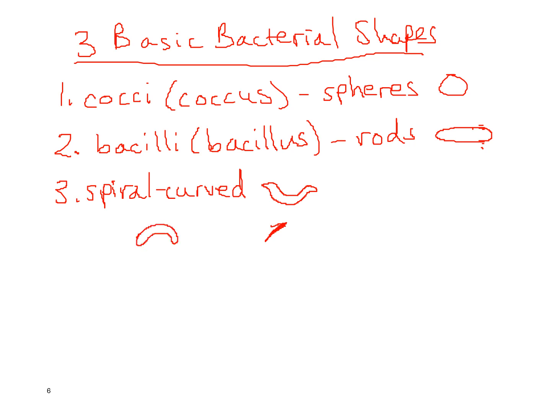Okay, so they're curved in some way. Okay, and so these are the three basic shapes. So when you're looking under the microscope, you just want to see, are they cocci, bacilli, or are they spiral? And then we can look at their arrangement after that.